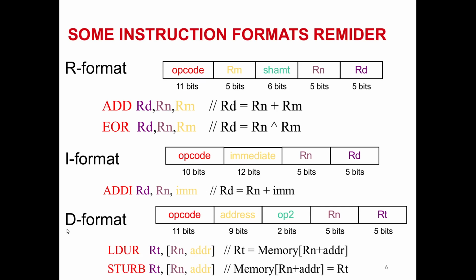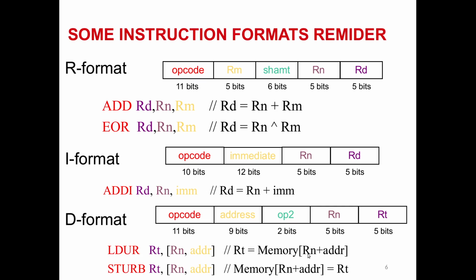The last format that we will think about in today's work will be D format. This will work with memory. It has 11 bits of opcode, 9 bits of offset address, 2 bits of op2, 5 bits for Rn, and 5 bits for Rt. Two examples are shown here: load and store. LDUR, or load from memory, Rt, Rn, and then address.